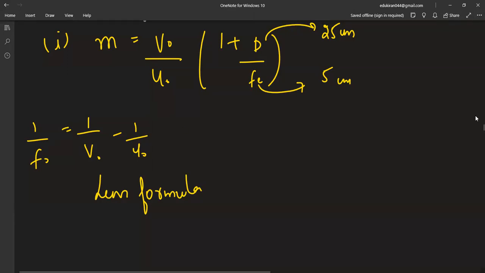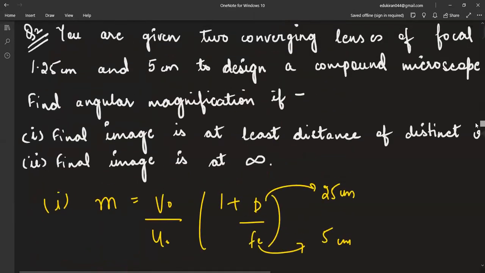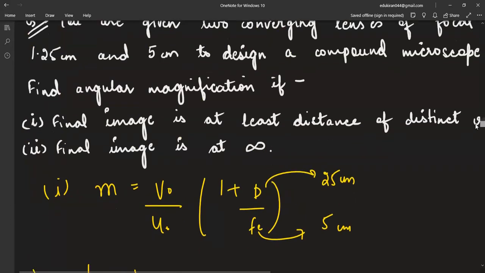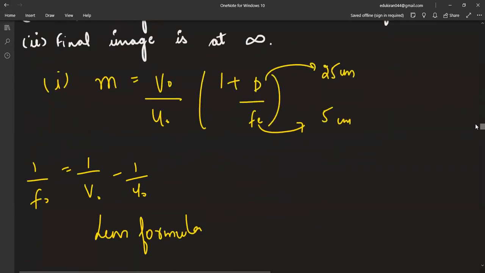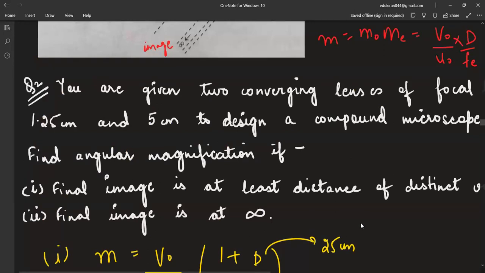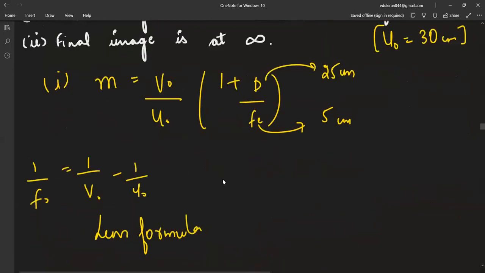All right. One more thing, object distance is given as 30 centimeters. So if object distance is also given, we do not have information about V naught. U naught is given, but V naught is not given.